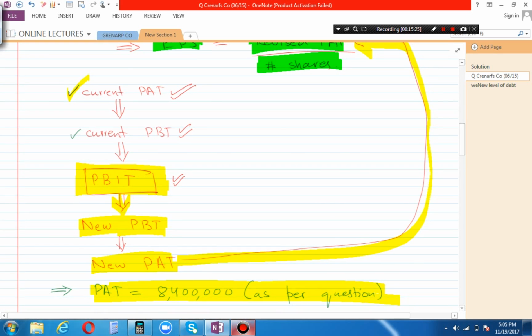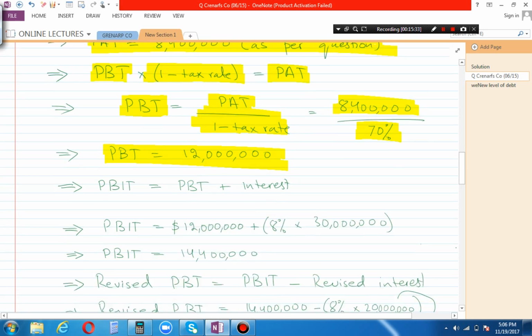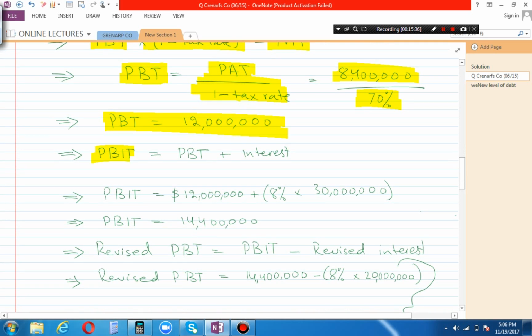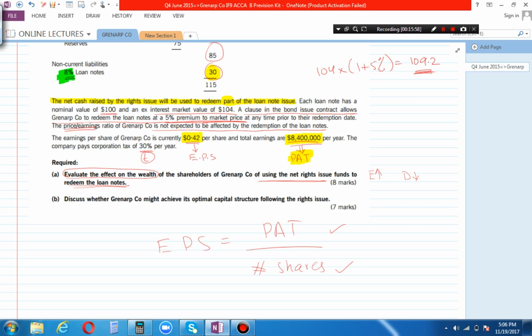So now you have your profit before tax. The third step is profit before interest and tax. So you add interest now. Profit before interest and tax is the profit before tax calculated above, 12 million, plus the interest. How do you calculate the interest? In the question the loan notes are 8% loan notes and the balance sheet value is 30 million.